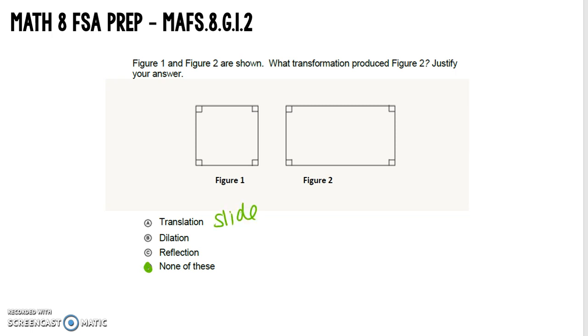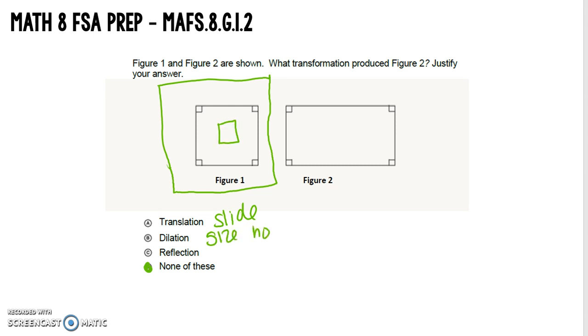This object did not slide over. Dilation, if something dilated, it should still be a square. It would just be larger or smaller. So this changes size, not shape. And if I reflected it, it would still be the exact same size.